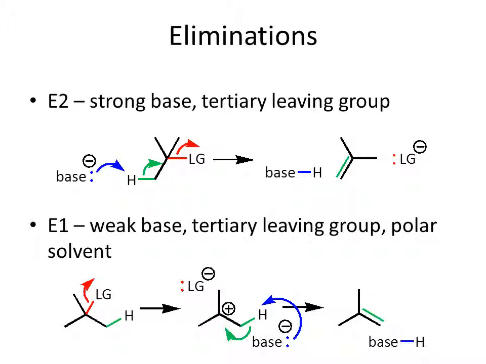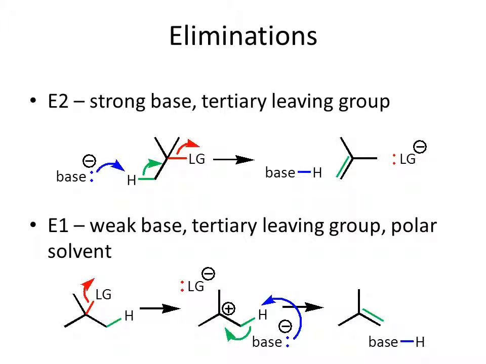And finally, both of these reactions tend to happen more often when the leaving group is at a more substituted position, such as a tertiary position. In the case of E1, that's necessary because if you have a leaving group at a tertiary position, when it leaves, you form a tertiary carbocation, which, as we know, is more stable than a secondary, and it's much, much, much more stable than a primary carbocation.